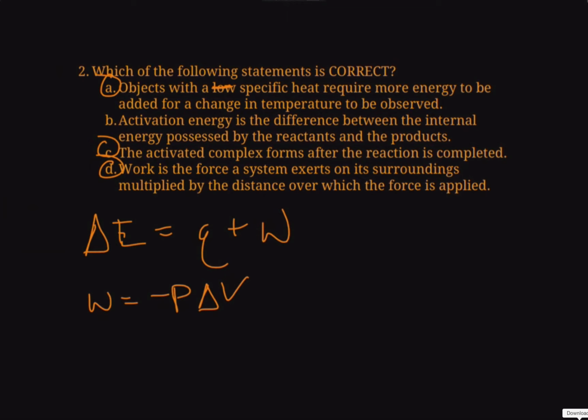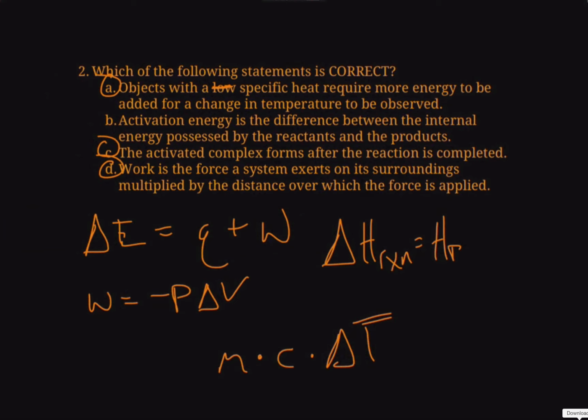You've got your mass times the specific heat capacity times the change in temperature. Understand the heat of the reaction. So trying to remember which ones you need to know here. Heat of the reaction is the sum of the heat of the products minus the heat of the reactants. And those should be pretty much the ones you need.